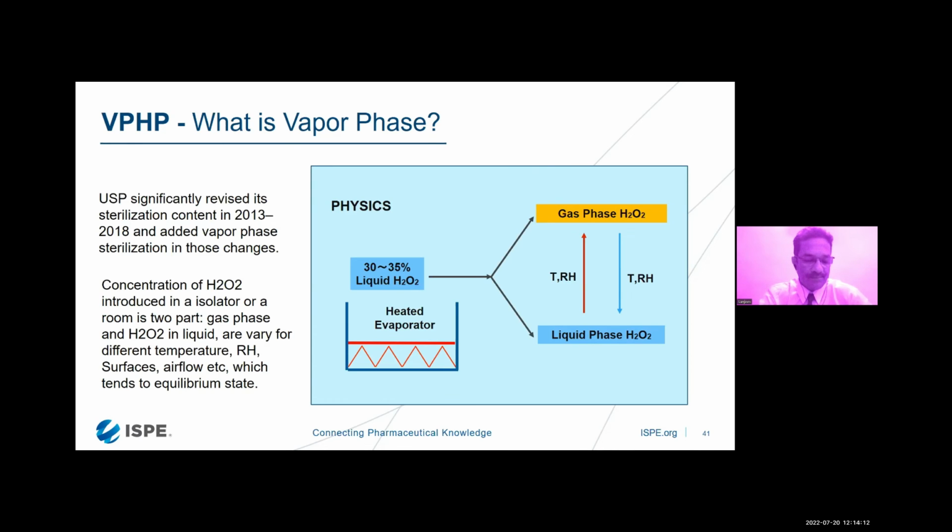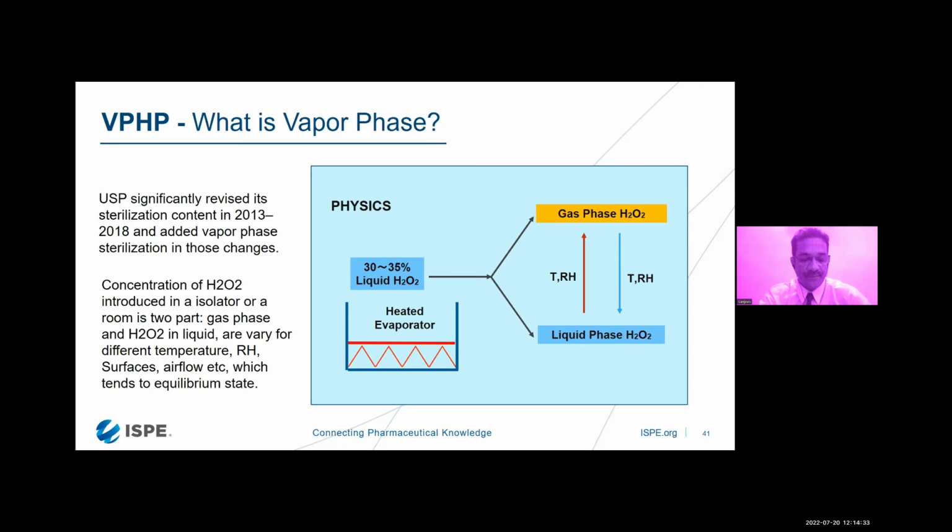Normally, the vapor hydrogen peroxide is 30 to 35% liquid hydrogen peroxide, and it has a boiling point somewhere around 108 degrees.